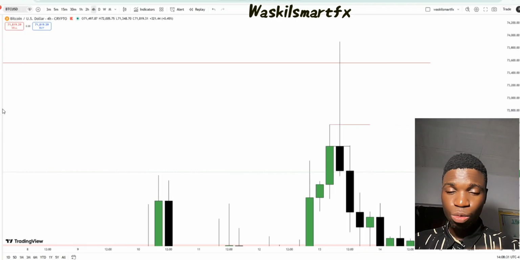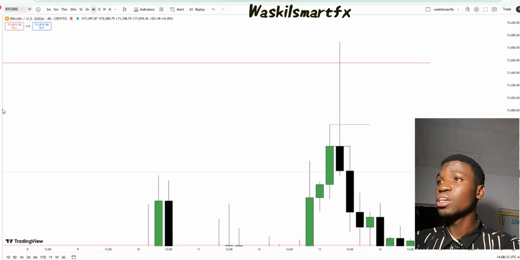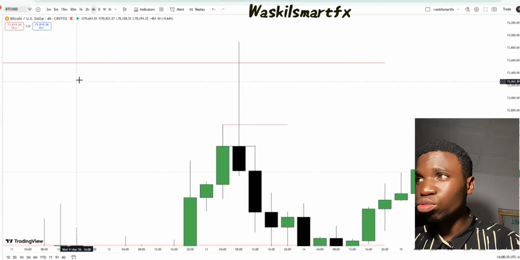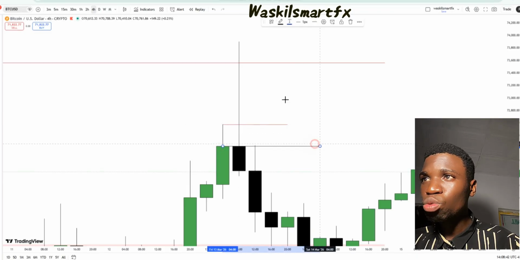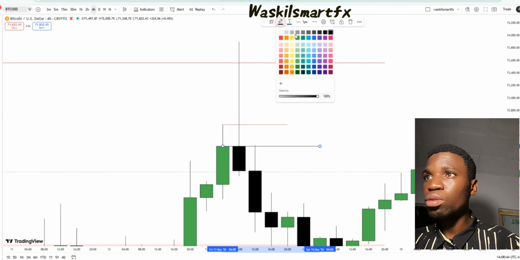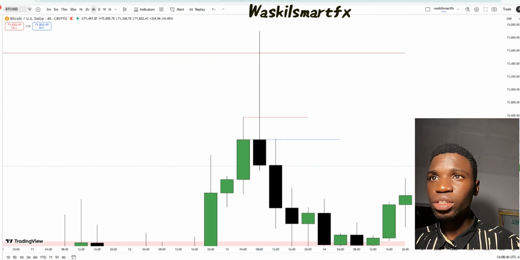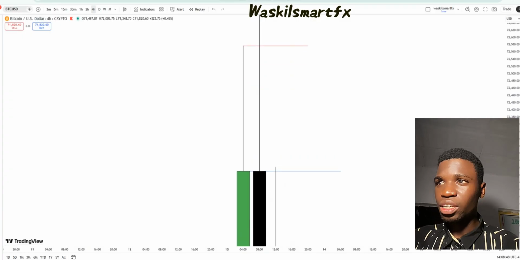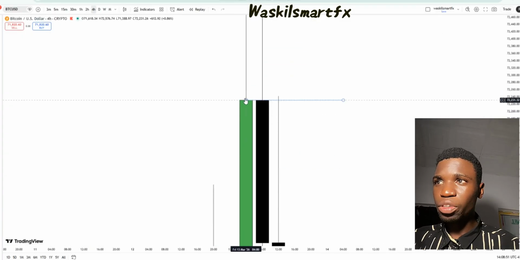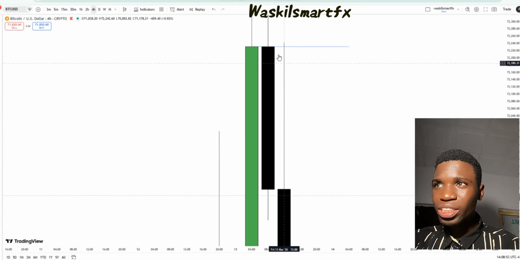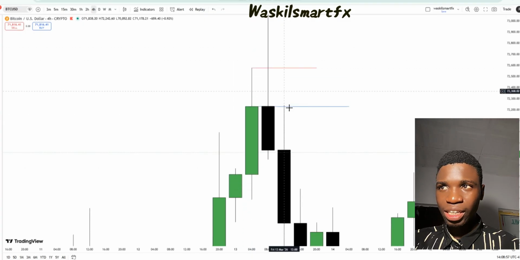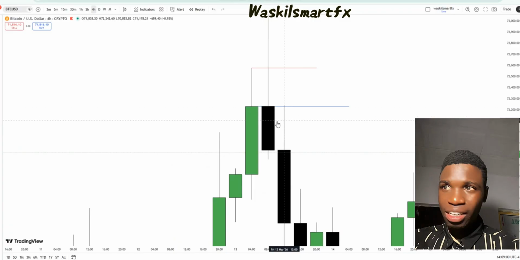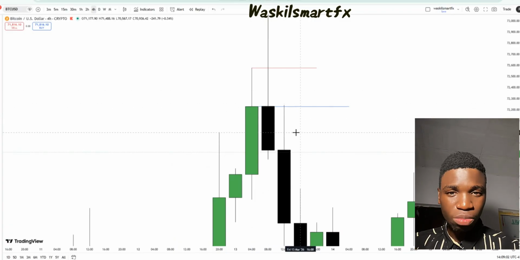Now if you look at this 4 hour too, after market took out the liquidity on this high, there is two body rejection here. You can see it here. Now this third candle that came there and rejected, that is where my entry is. I want to enter on the third one that comes there to reject.